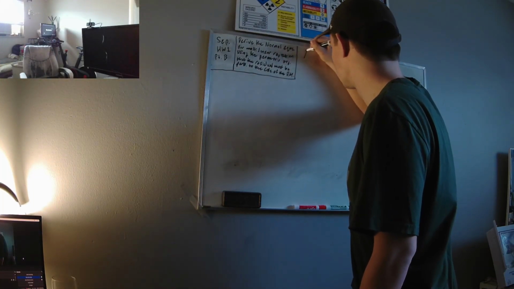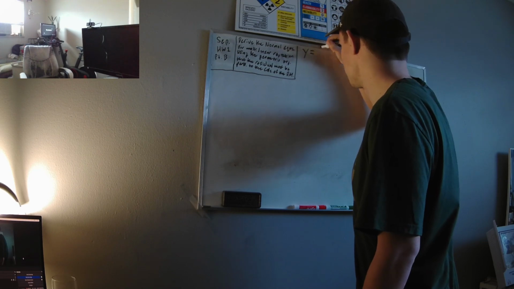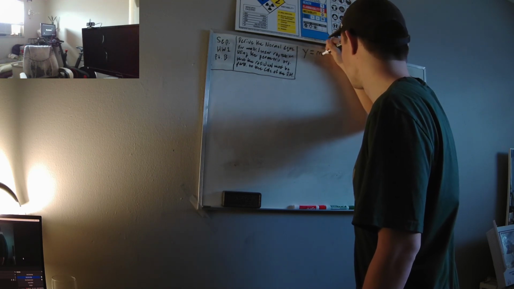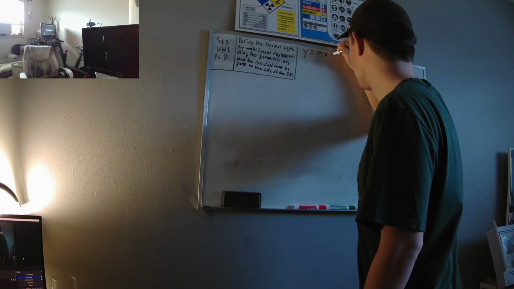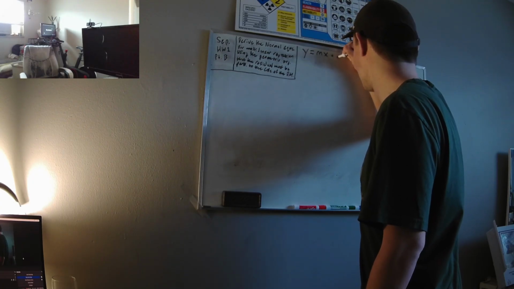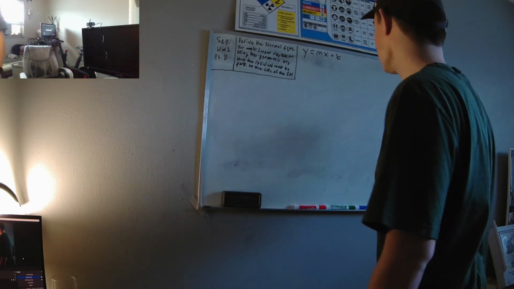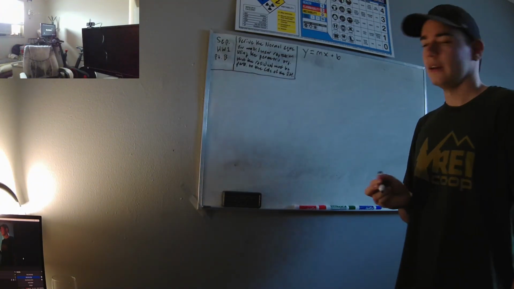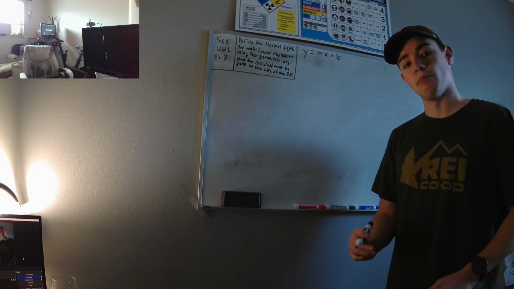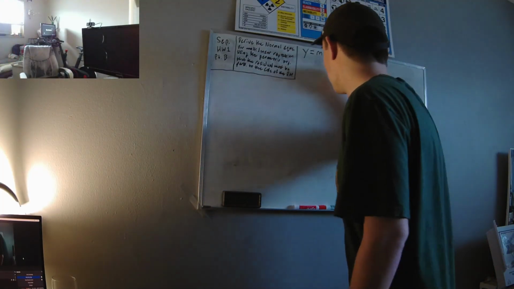we're going to observe the classic equation for the line, y equals mx plus b. Now we can take this and put it into matrix form for several values of x.